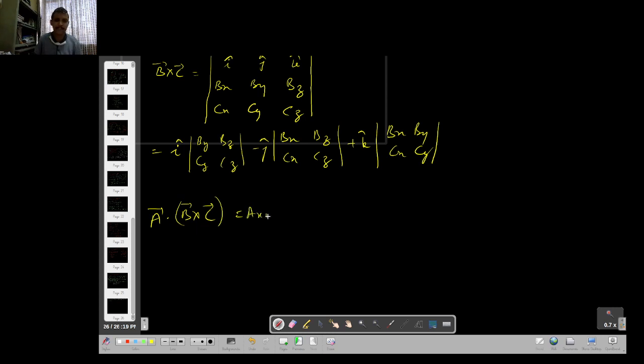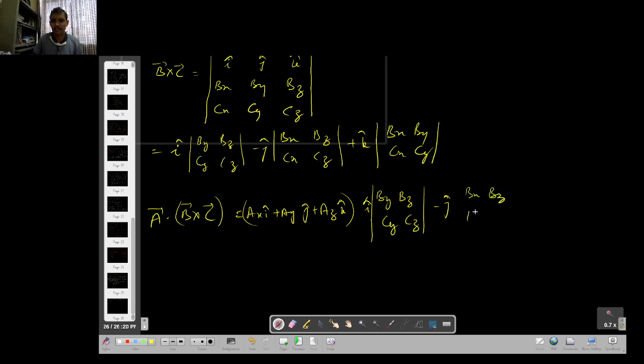It is axi cap plus ayj cap plus azk cap, dotted with i cap (by bz; cy cz) minus j (bx bz; cx cz) plus k cap (bx by; cx cy), right? So now what will happen if I take dot product?